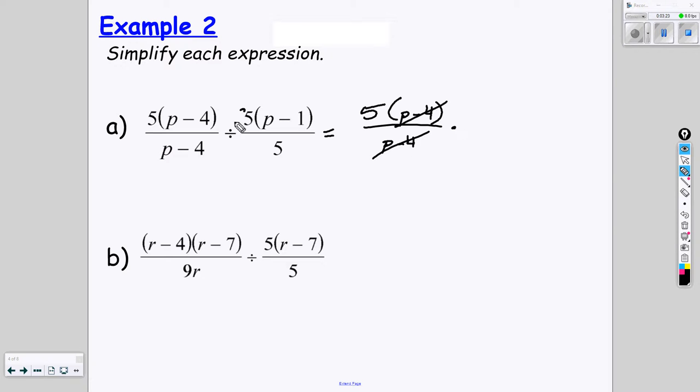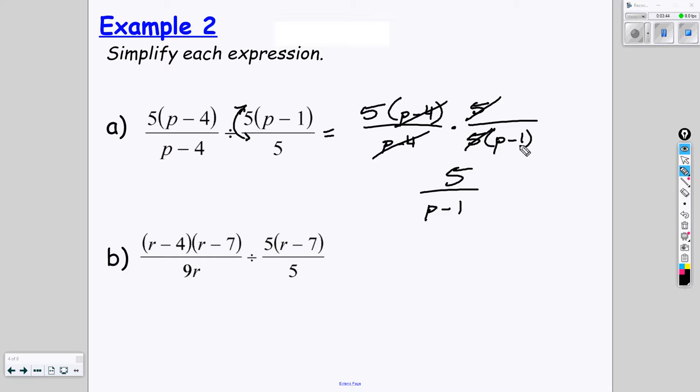And we're going to multiply by the reciprocal. So that's 5 on 5 times the quantity p minus 1, and once again we have some common factors right there. That just leaves us with 5 in the numerator and p minus 1 in the denominator.